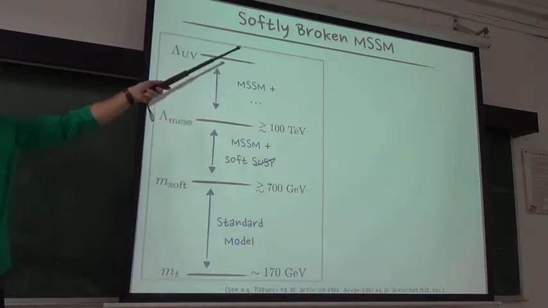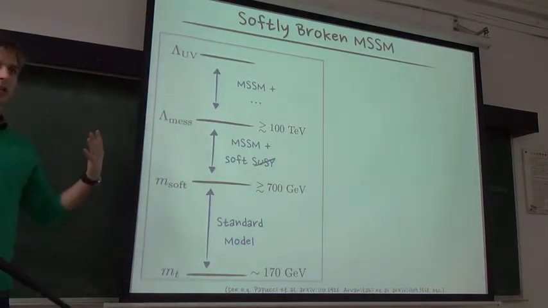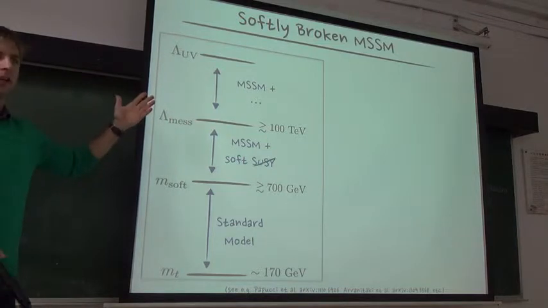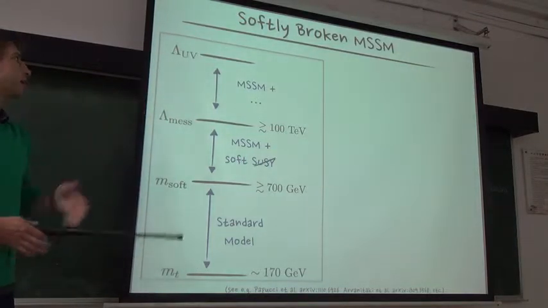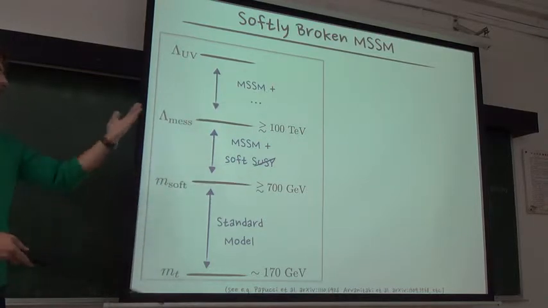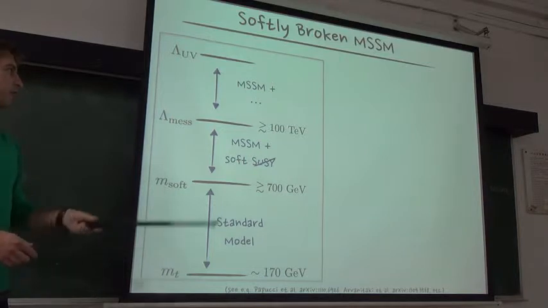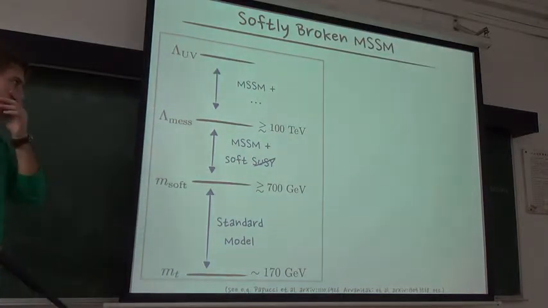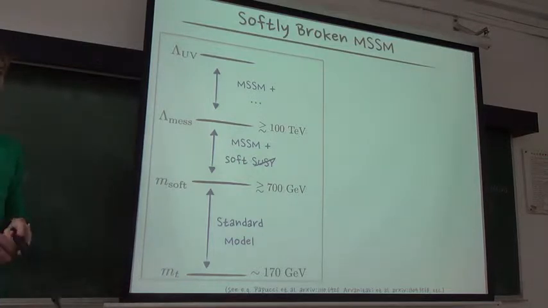So no matter what's happening at the ultimate UV scale of the theory, so say there's some completion of UV gravity involving many new particles at a high scale, the Higgs boson, the electroweak scale is protected and can have a large hierarchy from this scale to this higher scale. However, there is some sensitivity still to higher scales in the MSSM.